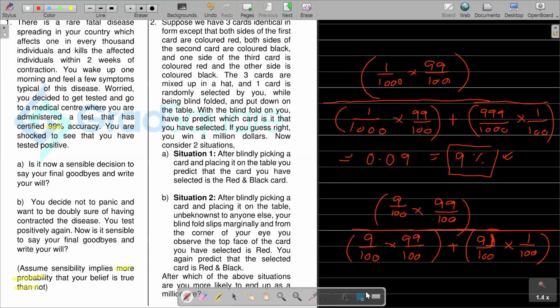Absolutely right. Correct up to 2 decimal places? Very close. Perfect. 0.91 or 91%.